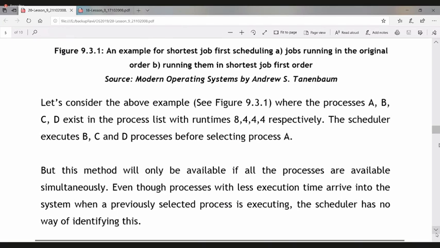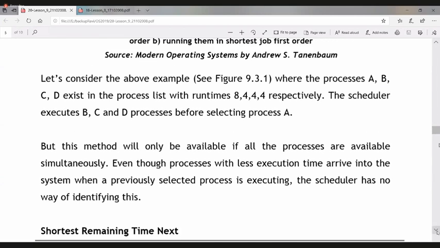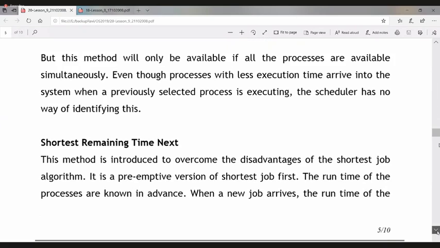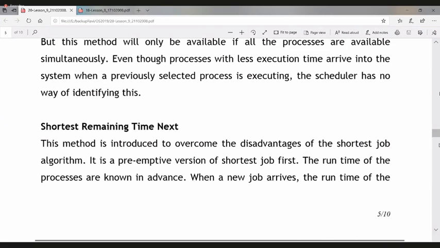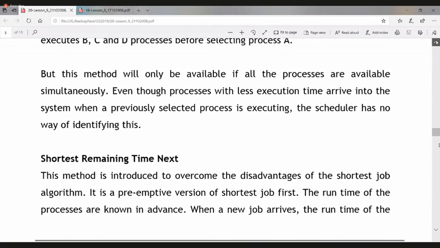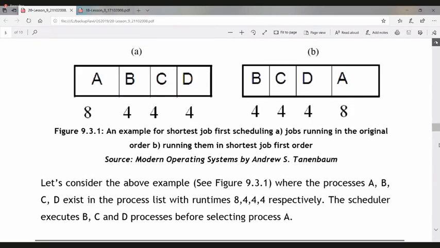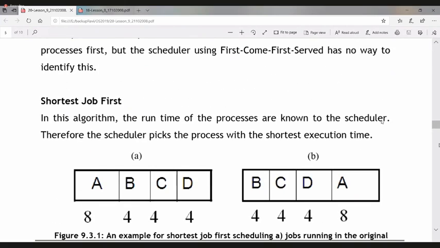So you can apply this method if all are in the queue, not arriving one by one. Even if a process with less execution time arrives in the system while a previously selected process is executing, the scheduler has no way of identifying this. So we are not thinking about arriving processes in detail. That's the shortest job first.